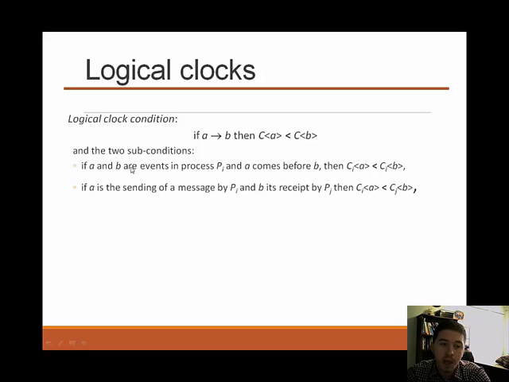If A and B are events in process Pi, and A comes before B, then the timestamp of A should be smaller than the timestamp of B in the same process.